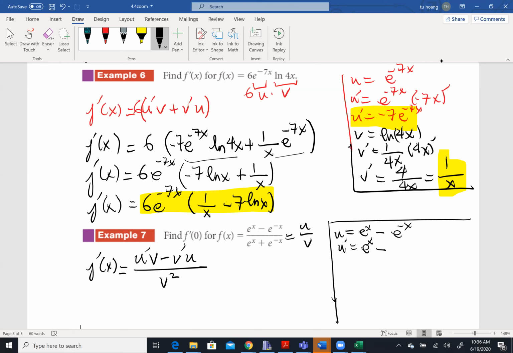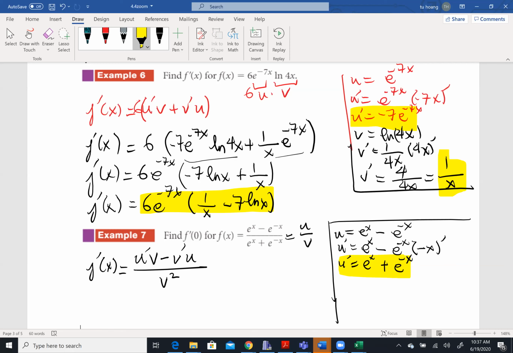It's not only x. So I have to multiply with e to negative x itself, and multiply with the power, which is negative x derivative. The derivative of negative x is negative 1, so negative 1 multiplied with the negative outside gives positive e to negative of x. So that is the u derivative.